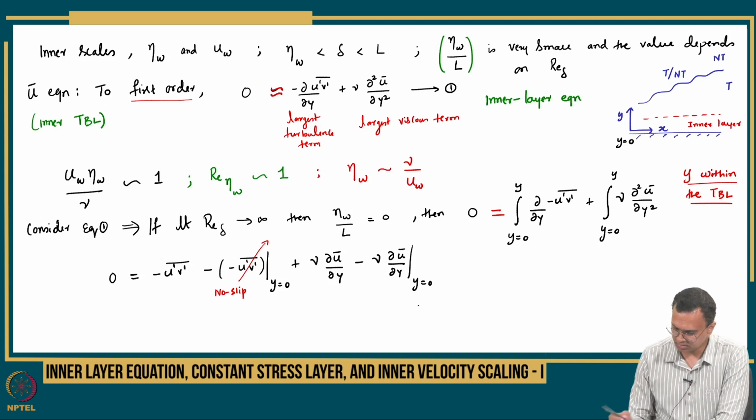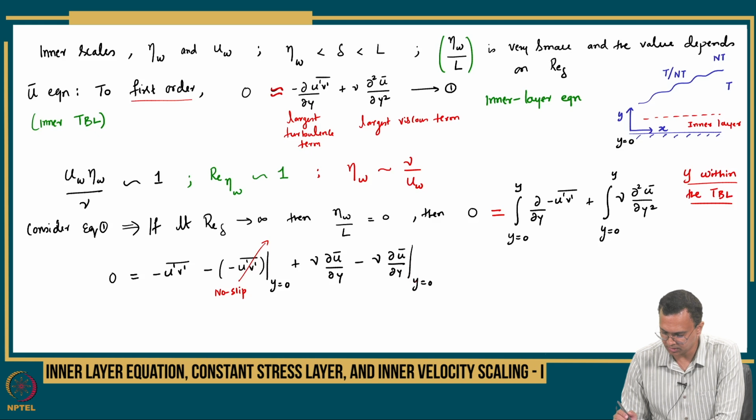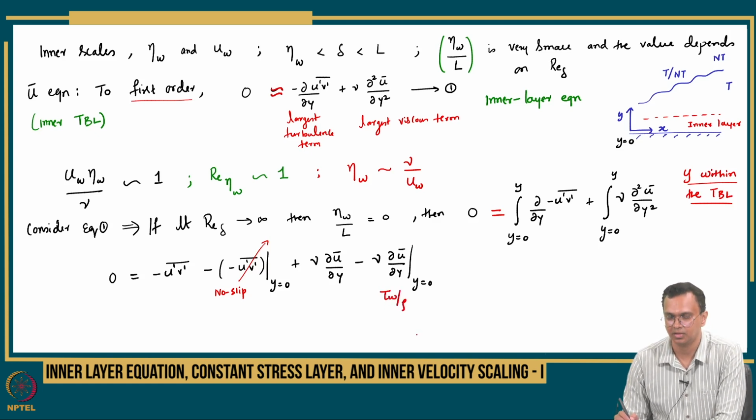So now, is there a name for any of these terms that you recognize from your fluid mechanics? This particular term, the last term, when you evaluate this gradient at the wall, what is this? Wall shear stress, right? You already know that this particular term is nothing but tau w by rho, your wall shear stress.